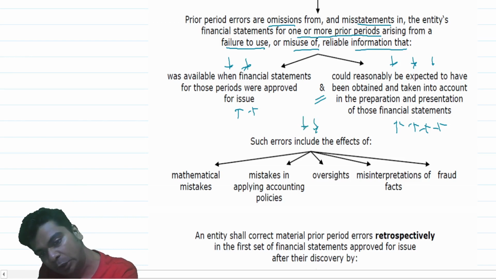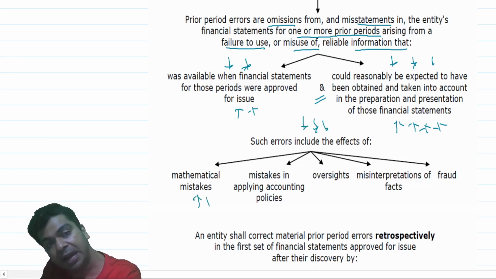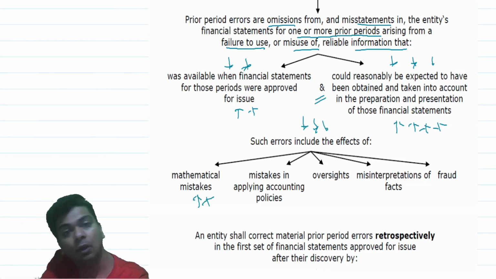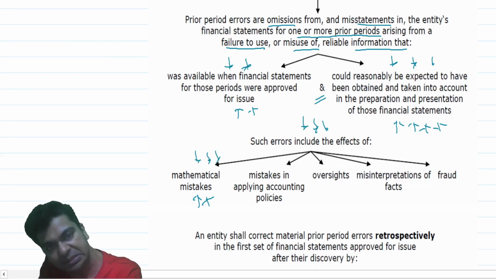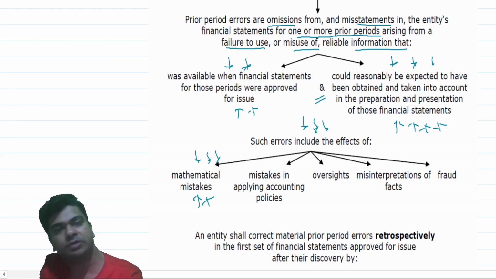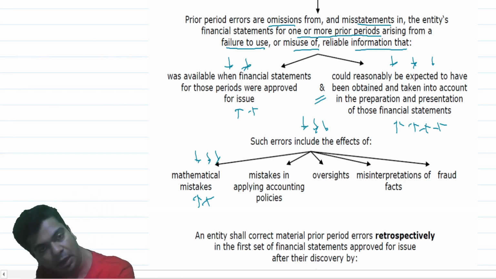Such errors include the effects of mathematical mistakes. As I said, a stock sheet was prepared and one item of inventory was totaled twice. I can say it's a mathematical mistake, or one item was simply omitted to be added. This is nothing but a mathematical mistake. It was committed in the past year and it was detected now in the current year.